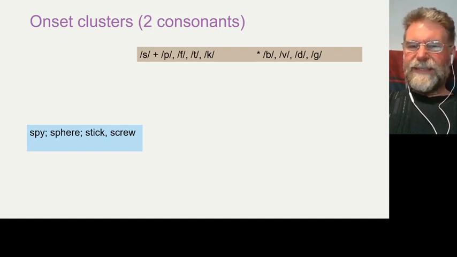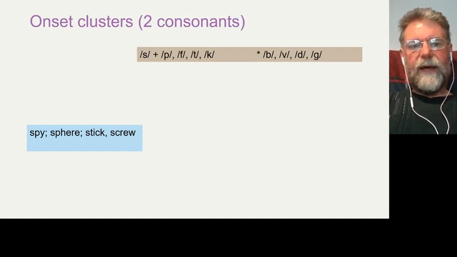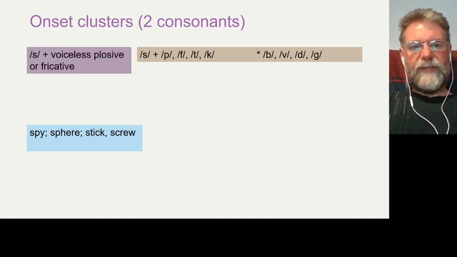So again, there seems to be a voicing restriction going on here, in as much as s must be followed by a voiceless plosive or fricative. And this time the restriction isn't one of contrast, that they have to be different. It seems that they have to be the same, given that s is a voiceless fricative. It has to be followed by a voiceless plosive or fricative.